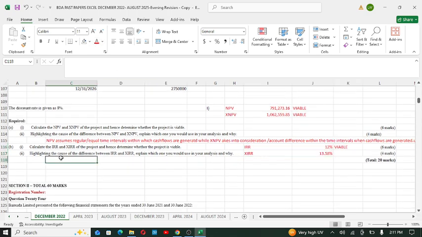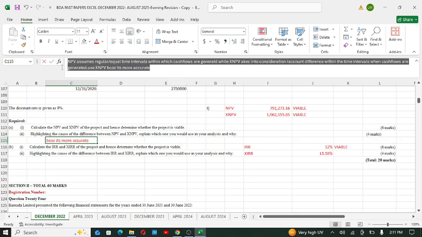What about highlighting the cause of the difference? It's the same as this one. IRR assumes regular, equal time intervals, while XIRR takes into consideration the dates.